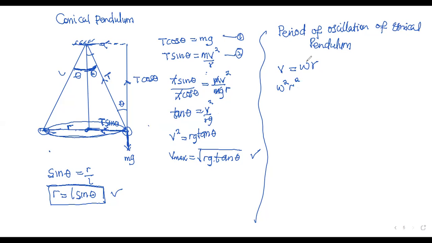When we substitute this for v squared, this is equal to r g tan theta. Omega squared will be equal to, when we divide through by r, g tan theta over r.